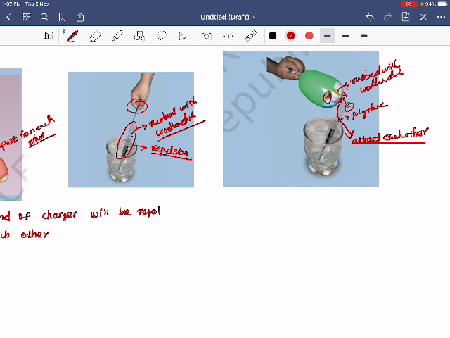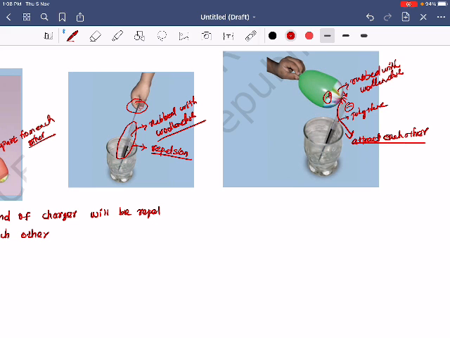The charges try to move, because in the previous state they were electrically stable, so the number of protons and the number of electrons should be equal. But once you rub with any fur or amber or any material, either they will lose the electron or they will gain the electron. Based on that, it is called a positive charged body or a negative charged body.